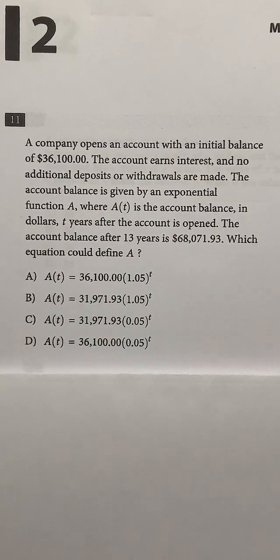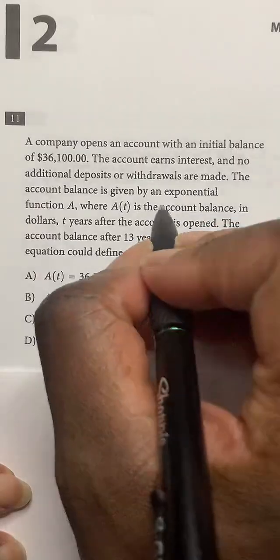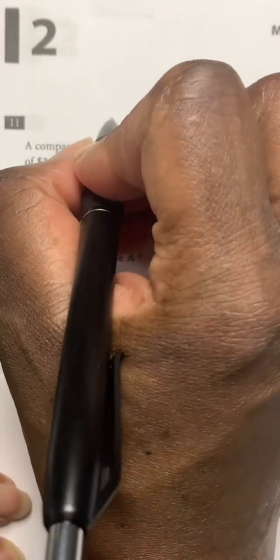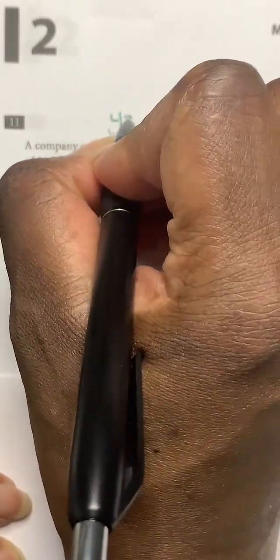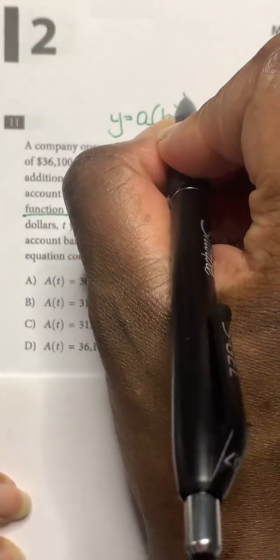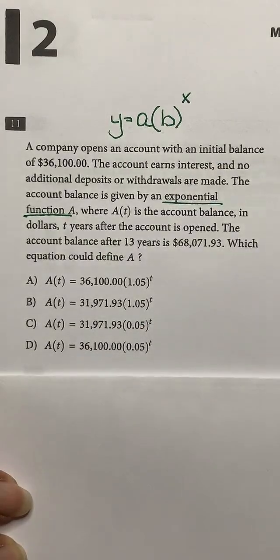All right, so let's take a look. First off, we're looking at an exponential function, okay? With the exponential function, usually the formula has your y, it has a starting amount, your a, which is your initial, then it has your b, which is your growth or decay rate, and then it has the time value.